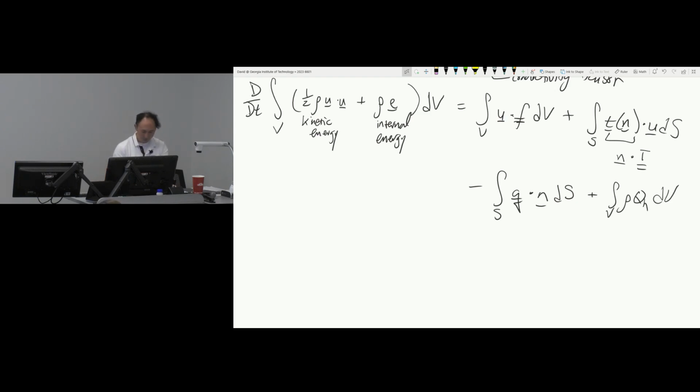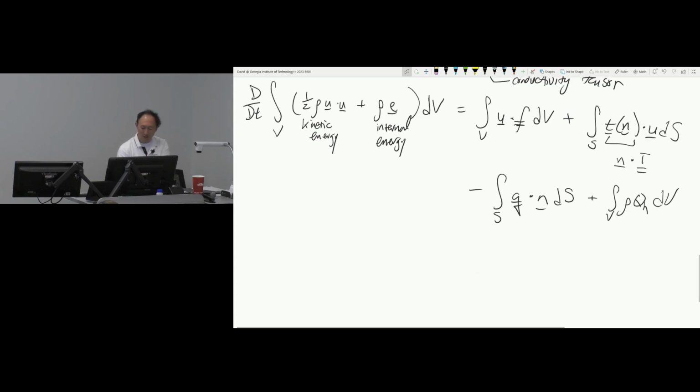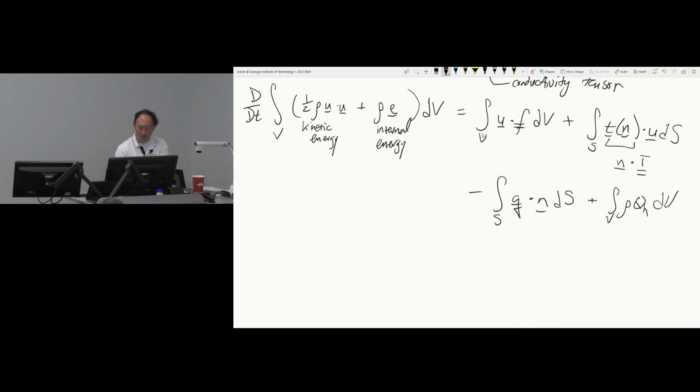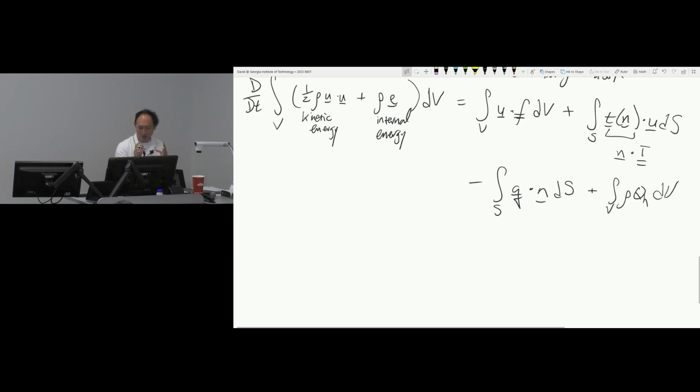This is not super useful for you right now because you have surface integrals and volume integrals. So we have to do the same trick as last time to make them all into a differential form, by making the surface integrals into volume integrals. So we're going to apply the divergence theorem.